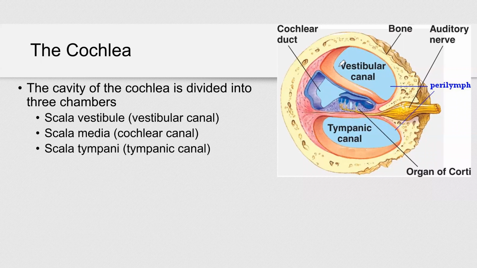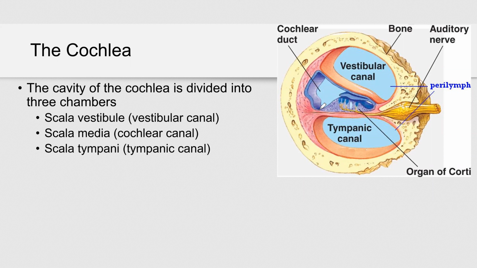In the vestibular canal and tympanic canal, you have your perilymph over here. That's part of this bony structure, and that's our membranous structure, the cochlear duct. Inside the membranous structure, you have the sensory structure, the organ of Corti or spiral organ. So that's what it says.